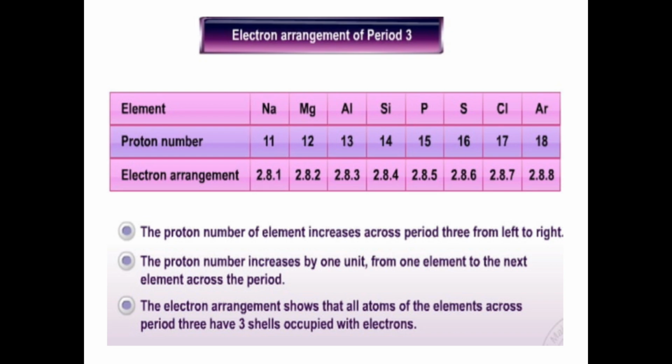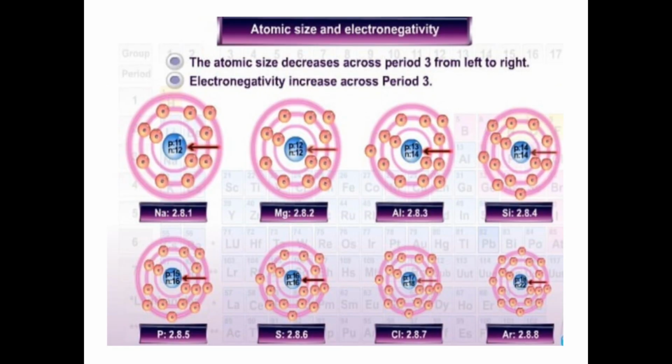Now let's look at the atomic size and electronegativity. Let's look at how they are being arranged in these shells. You will see that each of them maintains 2-8. The only difference is that the outermost electron, which is the valence electron, continues to increase by 1 respectively.